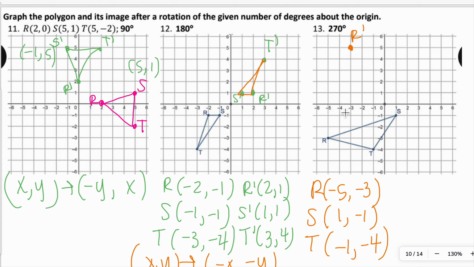There's my R prime. Notice we're at -3, 5 now. S prime is now going to be -1, -1. And then T is going to be -4, +1. And then connect your points, okay?